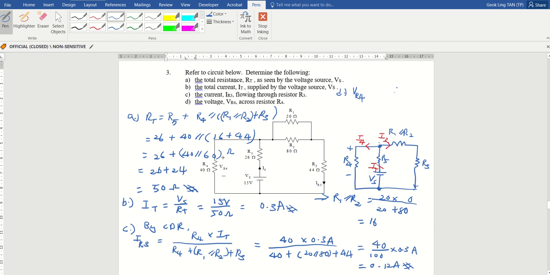So VR4 is equals to Vs minus IT, which is the current flowing through R5, multiplied by R5.